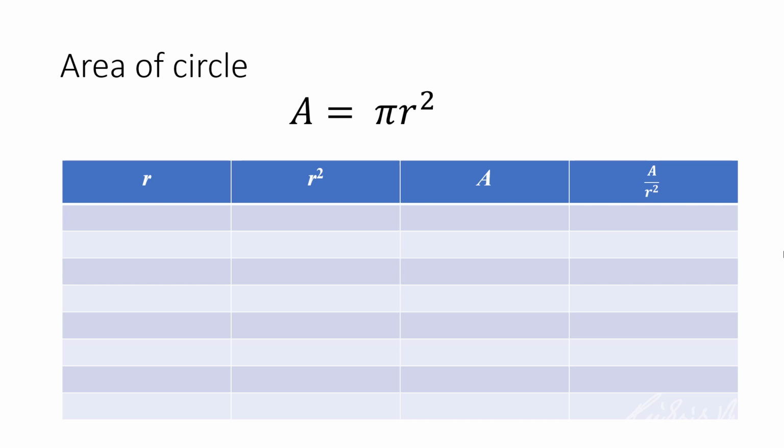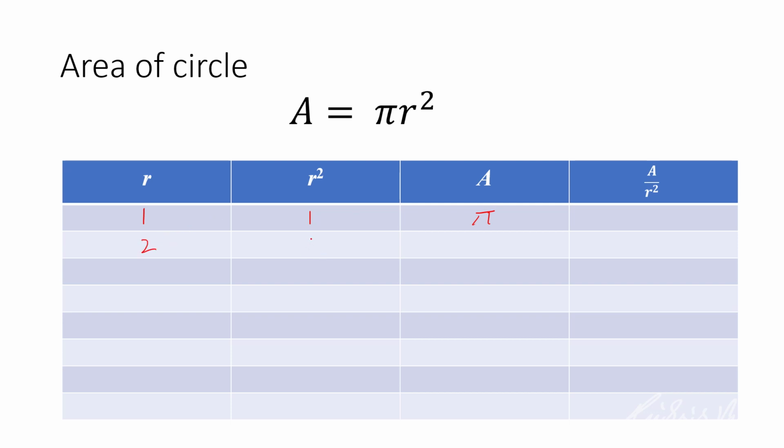For example, the area of a circle is given by A is equal to pi r squared. So now let us take a look. If the radius equals 1, the r squared value will be equal to 1 and the area will be 1 times pi, which will give me pi.